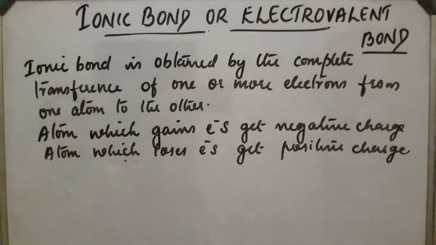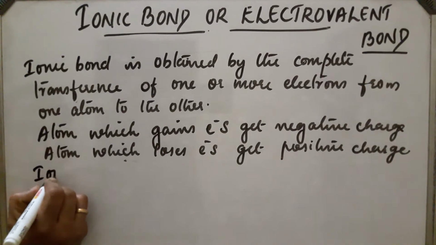So these oppositely charged ions attract each other by electrostatic force of attraction and they hold together. Okay, so the ionic bond means the electrostatic force of attraction which holds the oppositely charged ions together.